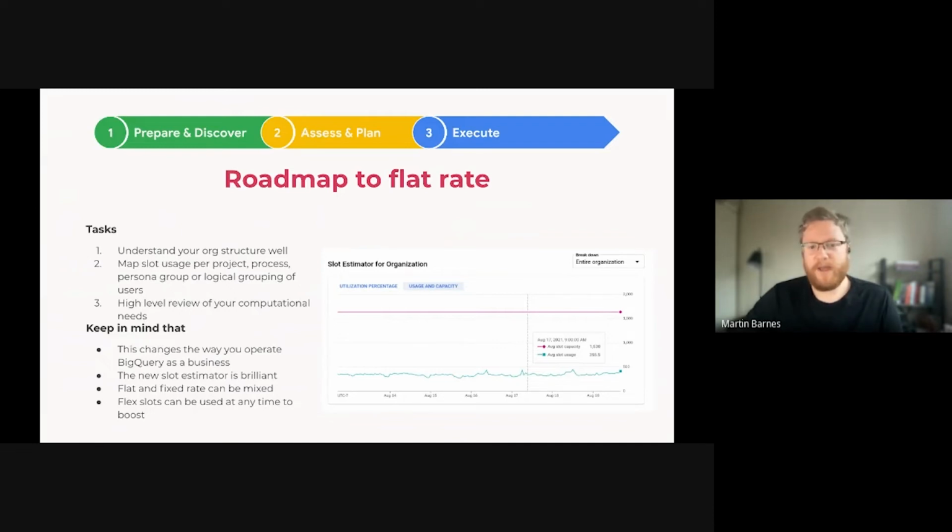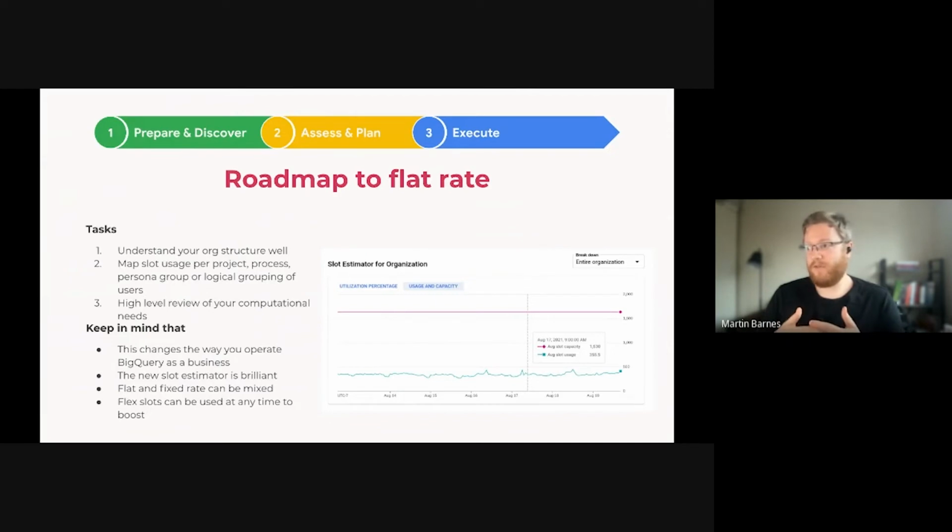It usually is quite high users in the on-demand space, but BigQuery is providing and creating some really good tools around estimation of what you require from a slot perspective. A few things that we would work with you on in this space, it really is about understanding how you've structured your organization.